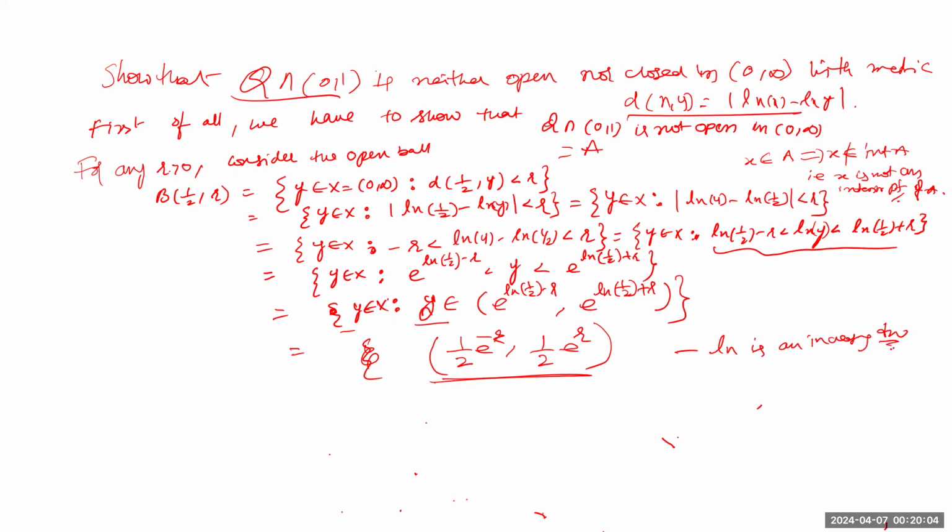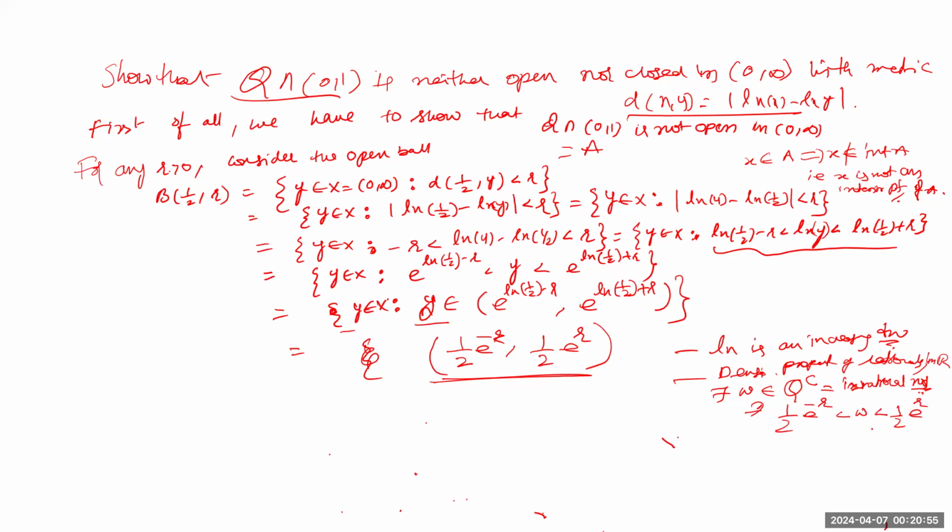So we know the density property of rationals in R: there exists a W belonging to Q complement, that is, irrational numbers, such that 1 by 2 times e to the power of minus R is less than W is less than 1 by 2 times e to the power of R.